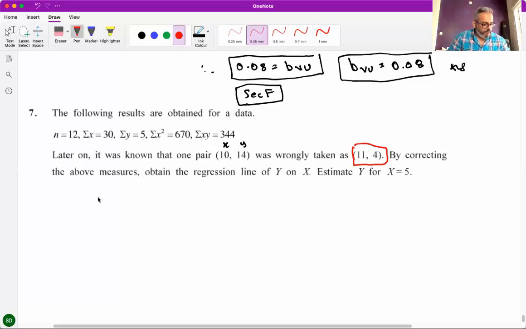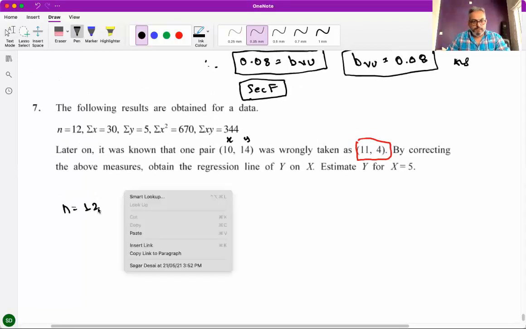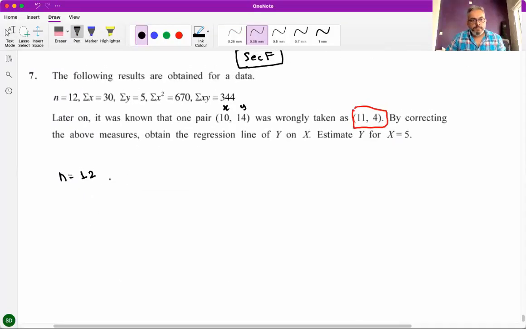First, let's write what is known to us. So n is equal to 12. Sigma x is equal to 30. Sigma y is equal to 5.